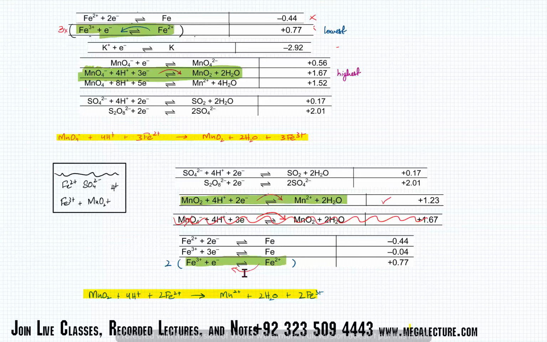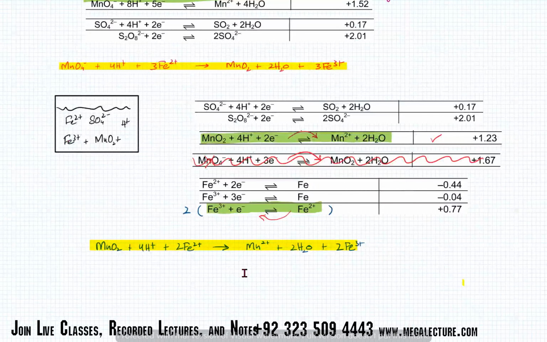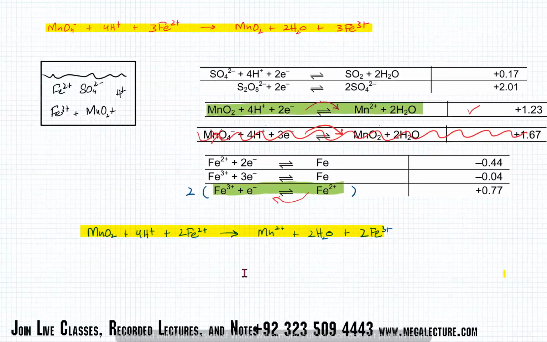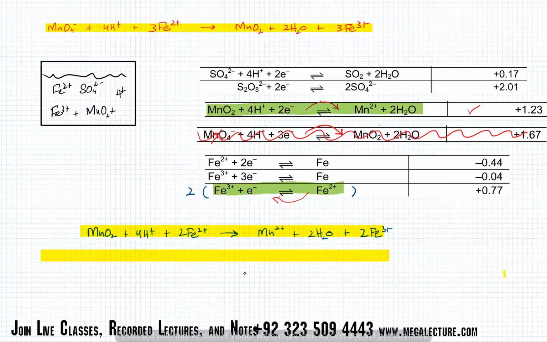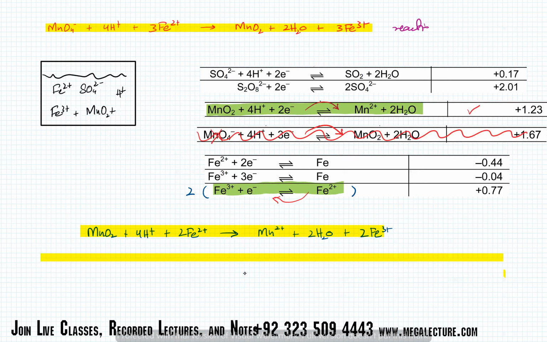Acha, ab ye, so again, it's 2 reactions, right? So you're gonna make an overall reaction, which is the sum of both reactions. ठीक है? दोनों का sum निकालो. Let's call this reaction 1, followed by reaction number 2. So the end result is reaction 1 plus reaction 2.